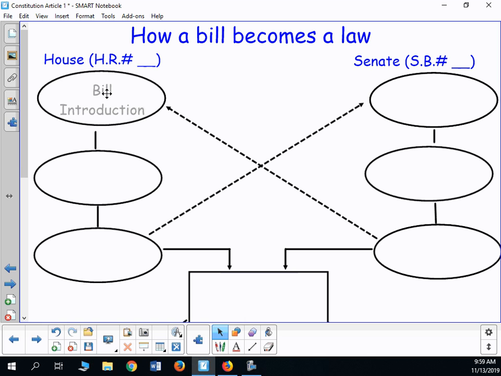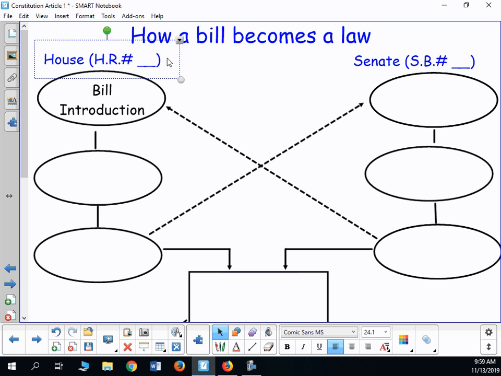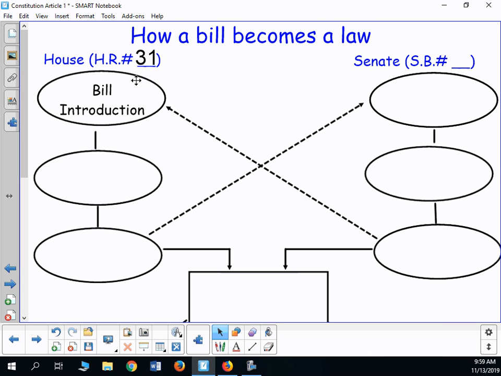They introduce the bill, and once it's introduced, it's assigned a number. For example, let's say this is the 31st bill presented, and they run in order. At the beginning of each session, they start at number 1 and move forward. In this case, we're talking about House Representatives number 31.